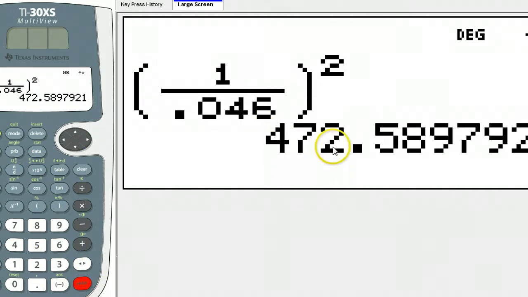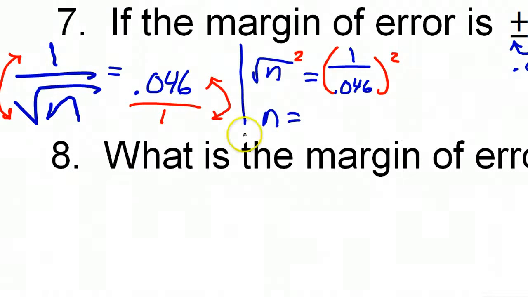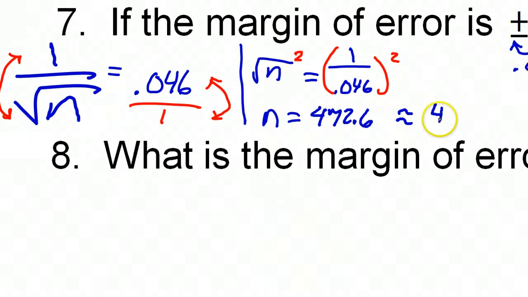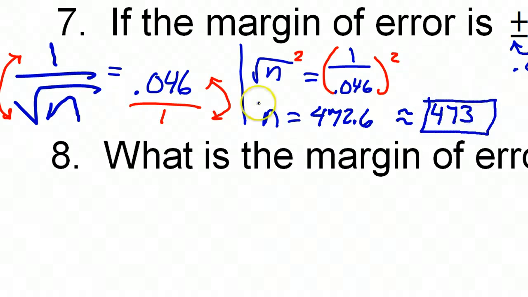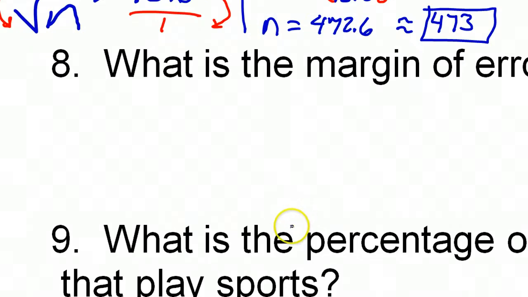Okay, 472.5, we'll round that to 473. The sample size is about people, so it can't be a decimal. So round to the nearest whole number.